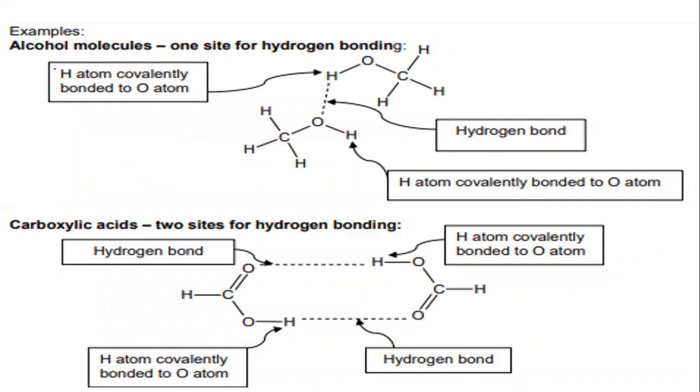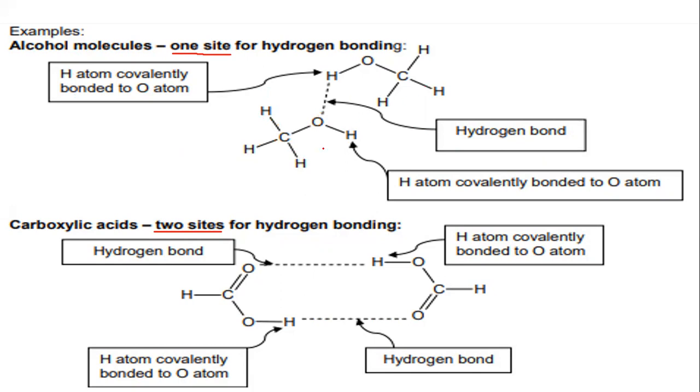Now, let us look at alcohol molecules. Alcohol molecules, we say they have one side for hydrogen bonding. And you look at carboxylic acids, we say they have two sides for hydrogen bonding. Now, let us look at why alcohols actually have one side for hydrogen bonding. When you look at these molecules, this is one molecule of an alcohol. This is actually methanol.